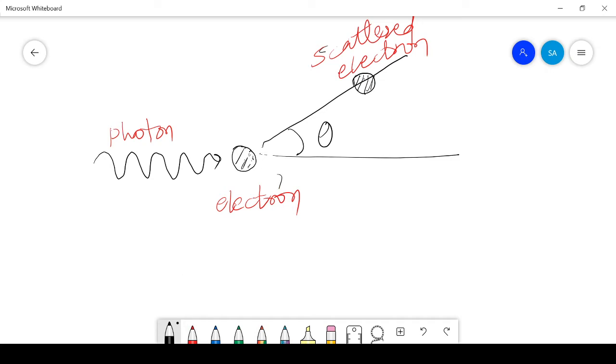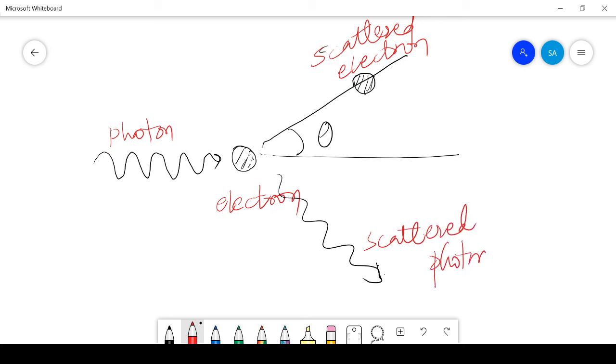Along this other direction is your scattered photon, and the photon will get scattered in this direction. The angle made by this scattered photon is your phi.